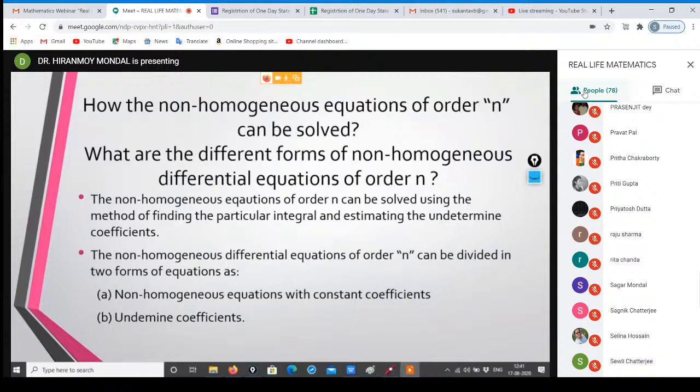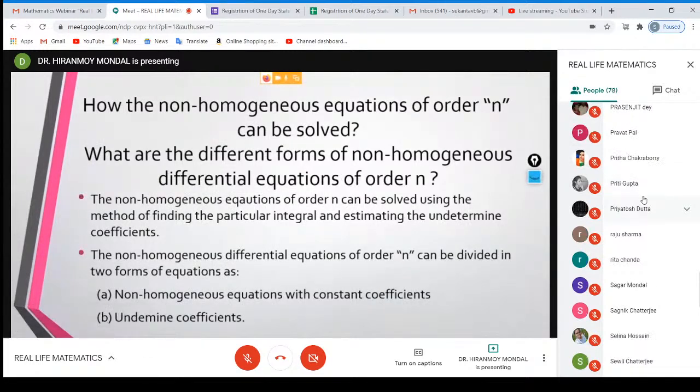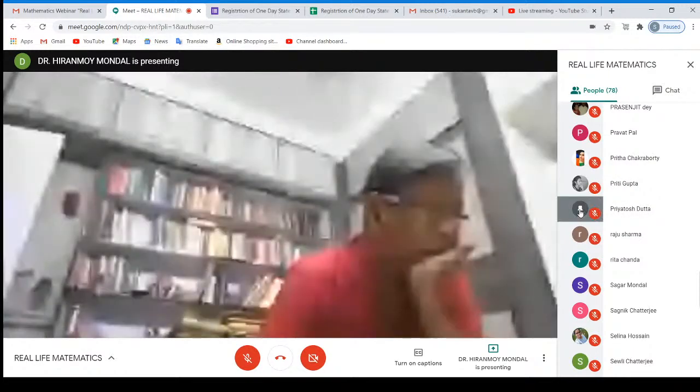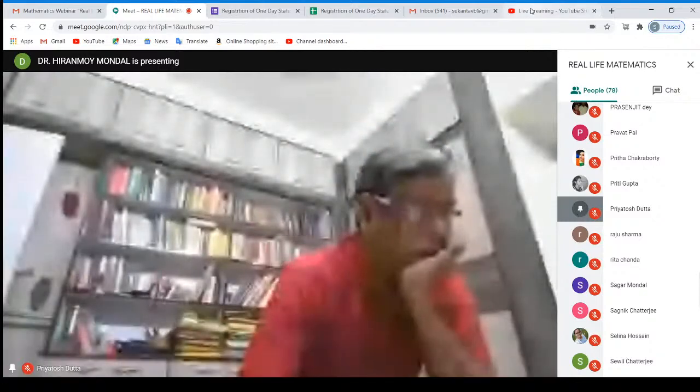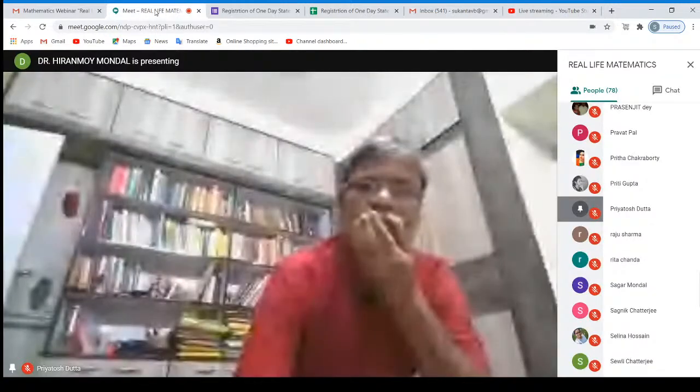Now, how can the non-homogeneous equation of order n be solved? For solving the non-homogeneous equation, first we solve the auxiliary equation, using the trial solution y equal to e to the power mx, and after that we find the complementary function, for example y equal to c1 e to the power something plus c2.